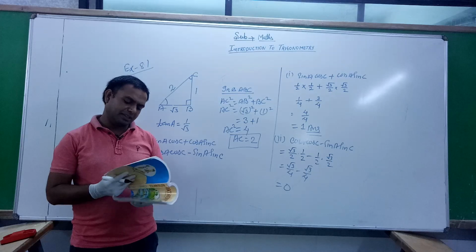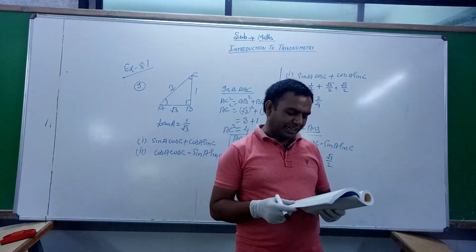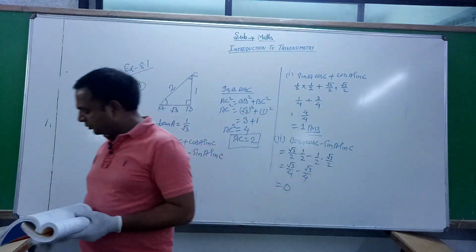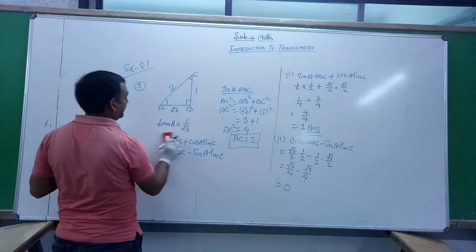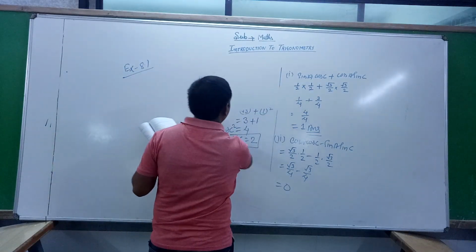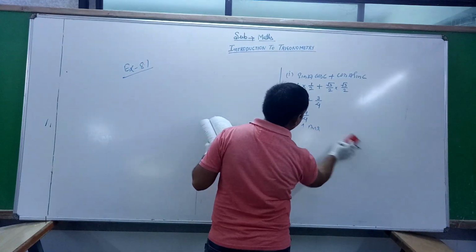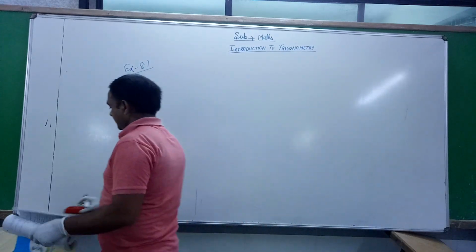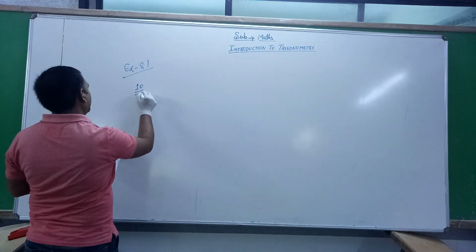Next question: in the triangle PQR, right angle at Q, PR plus QR is 25, PQ is equal to 5 centimeter. Determine the value of sin P, cos P and tan P. It is also a very good question. So you see, question number 10.